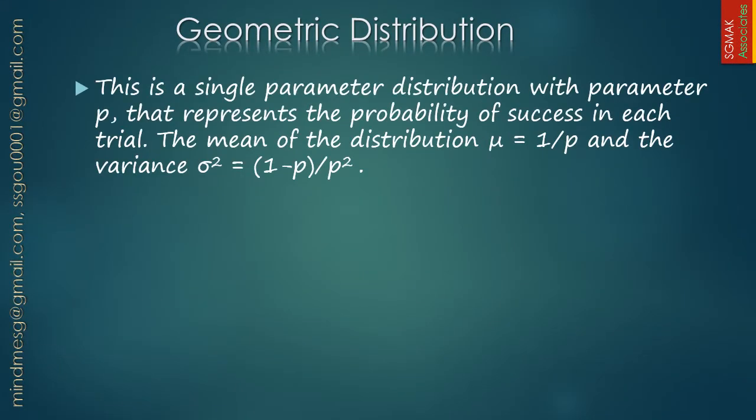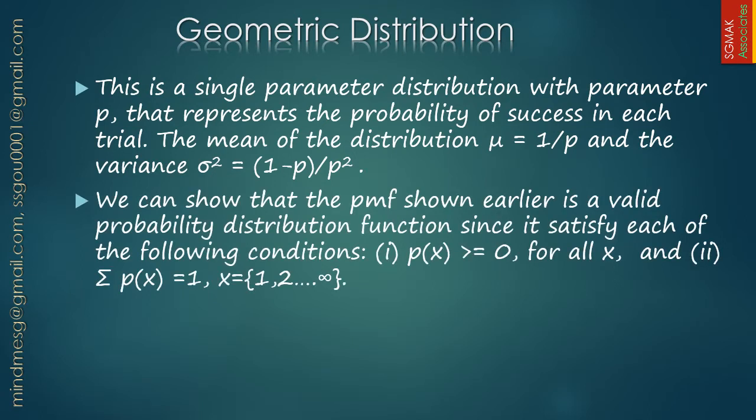As you can see, this is a single parameter distribution defined by small p, which represents the probability of success in each trial. The mean of the distribution is given by 1 over p, and the variance is given by 1 minus p divided by p squared. So once we define p, the distribution is completely defined. We can define the probability mass function, and estimate the mean and the variance of the distribution.